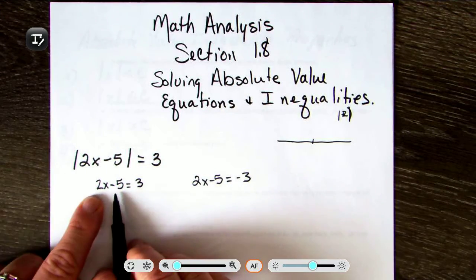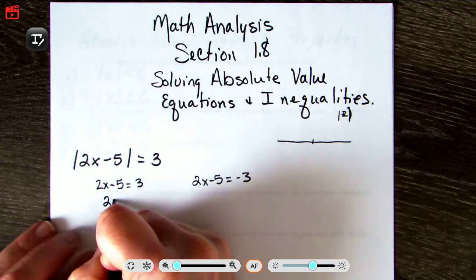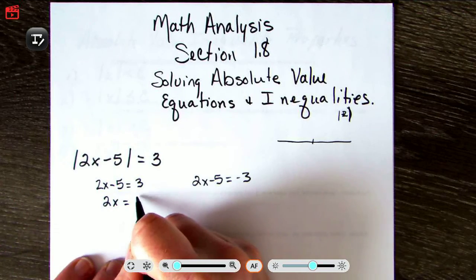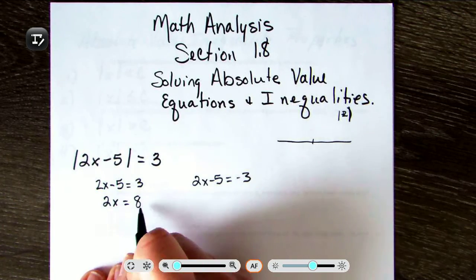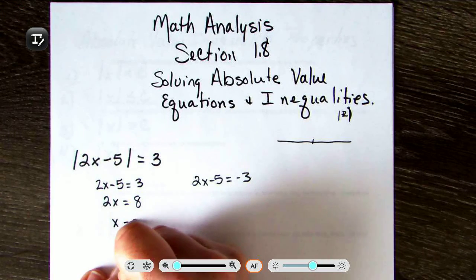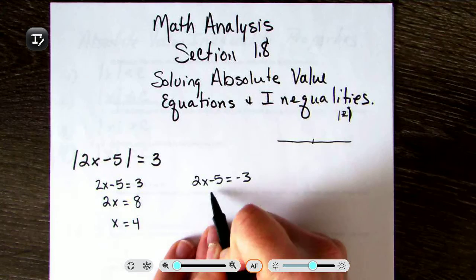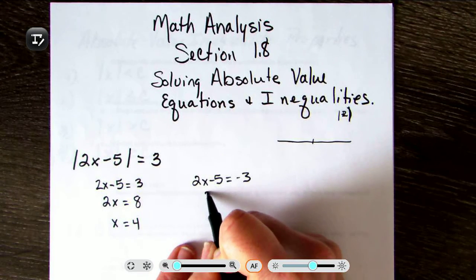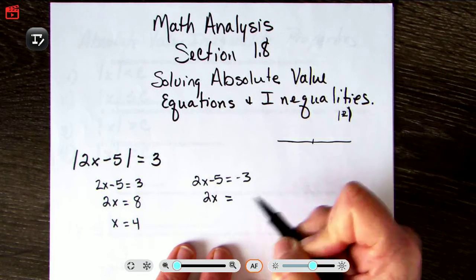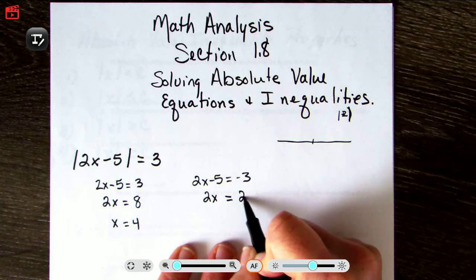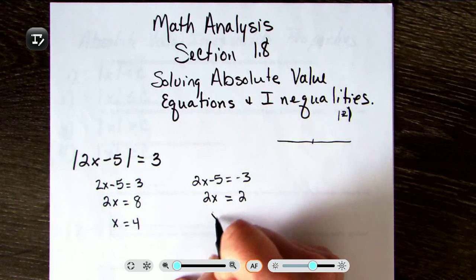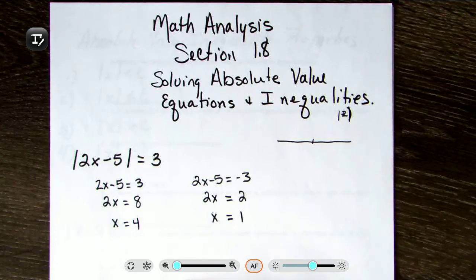Now on this one, we're going to add 5 to both sides. So 2x is equal to 8, and dividing by 2, we get that x is equal to 4. Same steps over here: adding 5 to both sides leads to 2x equals 2, and dividing by 2, x is equal to 1.